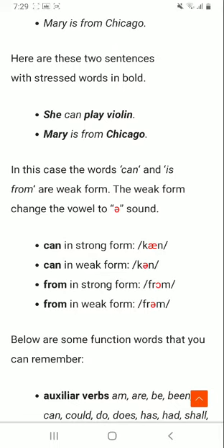The word is one, but we use the word as per the situation. So where we have to place can as a strong form and where we have to use can as a weaker form, that is the main role here.